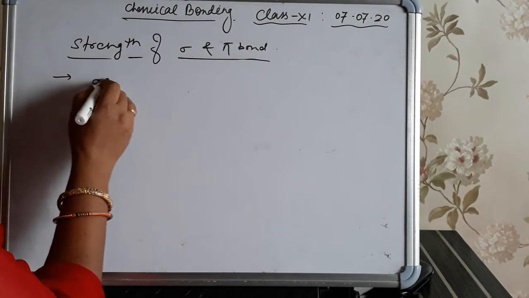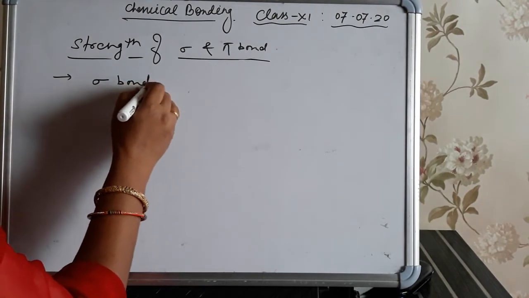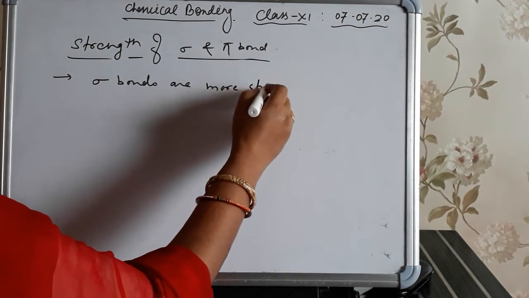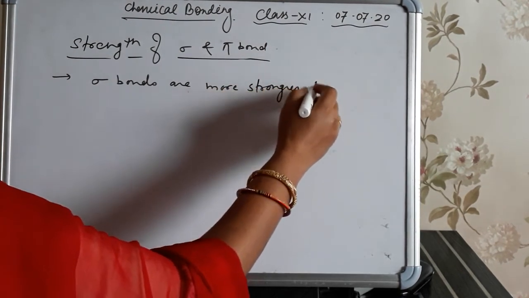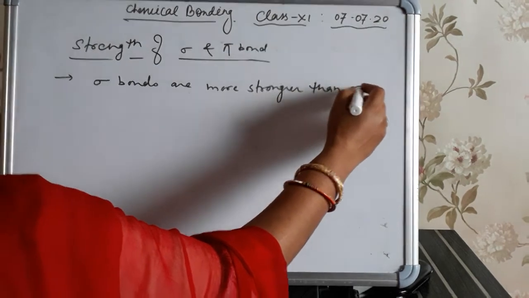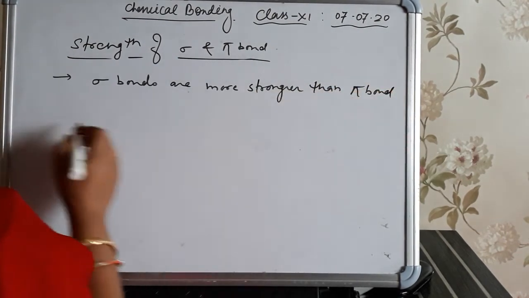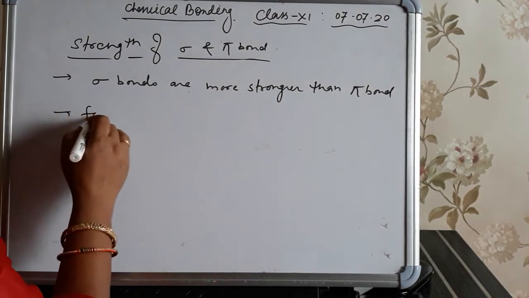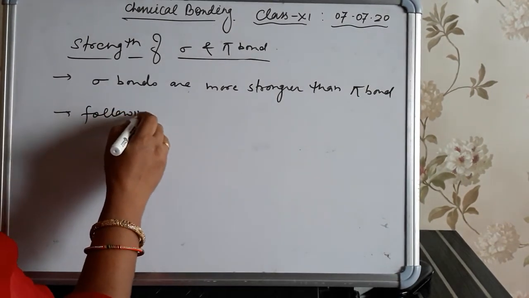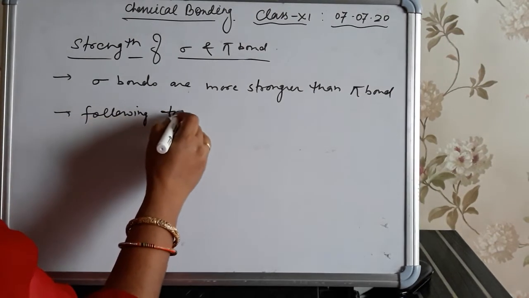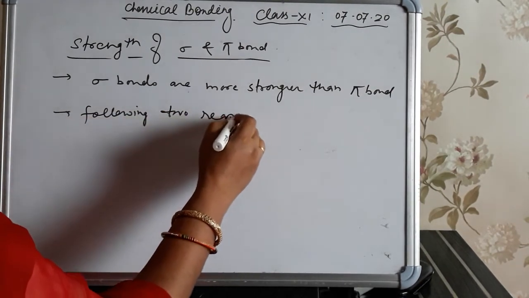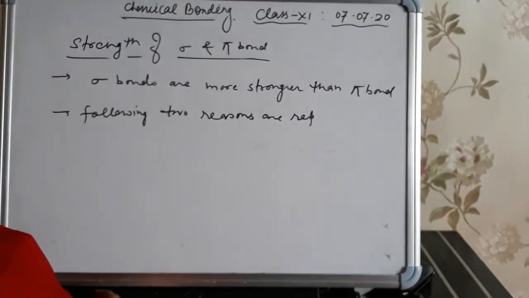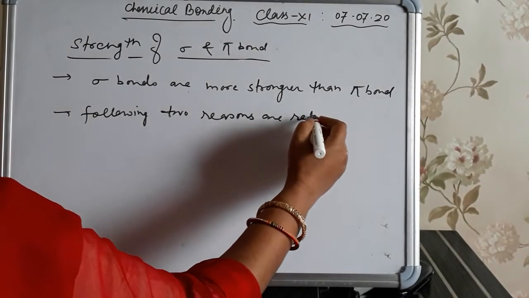Write down: sigma bonds are stronger than pi bonds. Why? The following two reasons are responsible which make the sigma bond so strong.